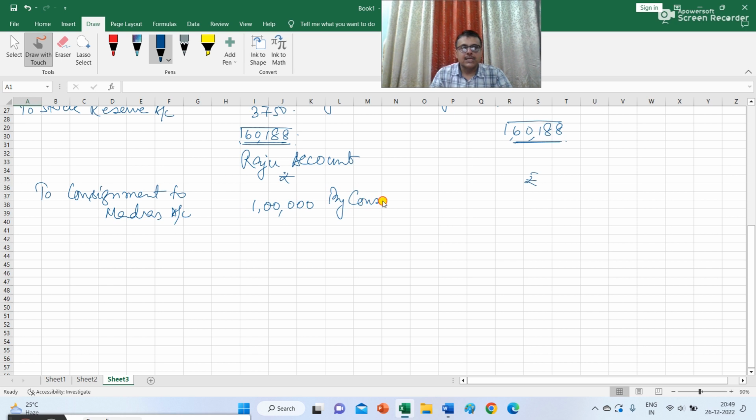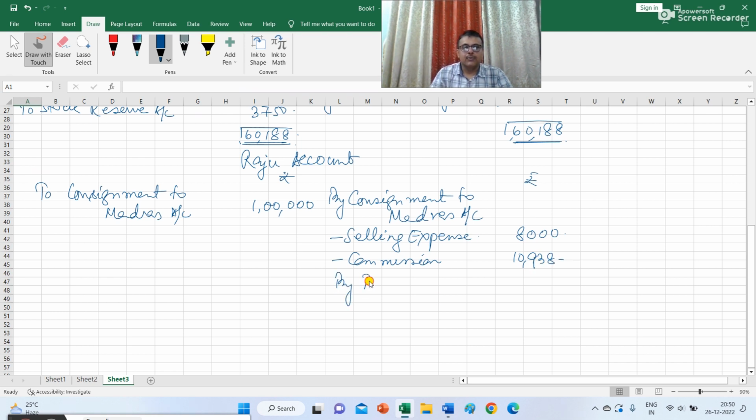So by consignment to Madras account, the selling expense is for rupees 8,000 and commission for 10,938. And the balancing figure was remitted by Raju to Rahim, and the amount that was remitted by Raju to Rahim is rupees 81,062.